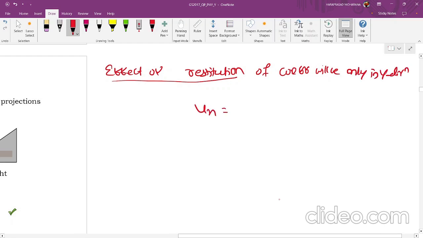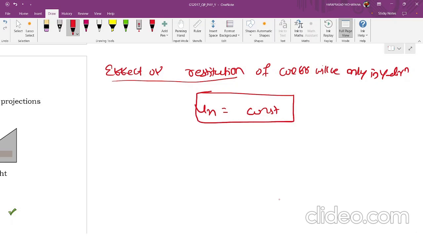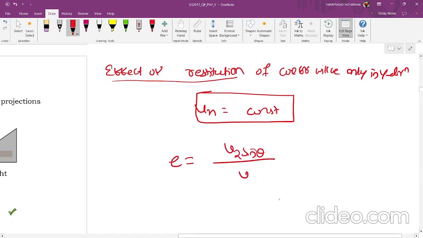So ux will be how much? It will be constant, because the effect of the coefficient of restitution is along the y direction, so ux, that is along the x direction, will be constant. So e is equal to v2 sine theta divided by v1, which is equal to half. That means v2 sine theta is equal to half v1.